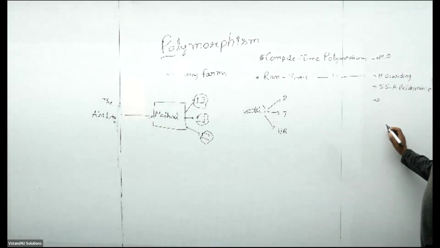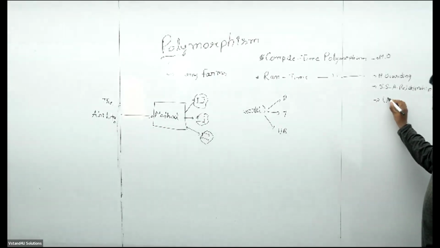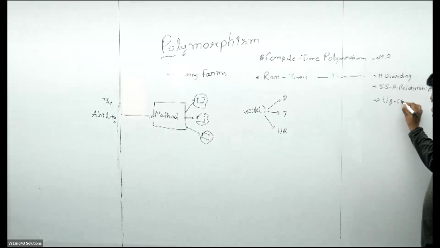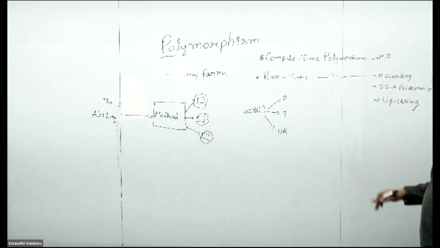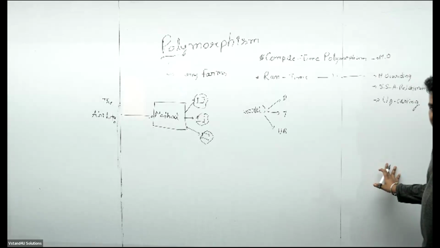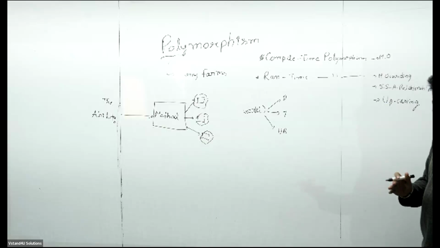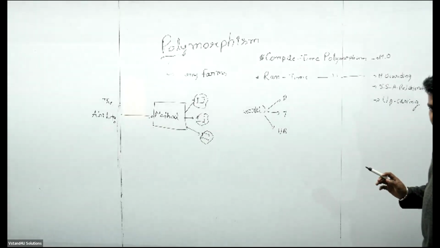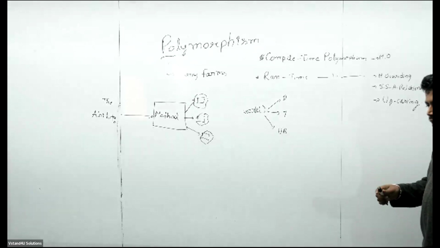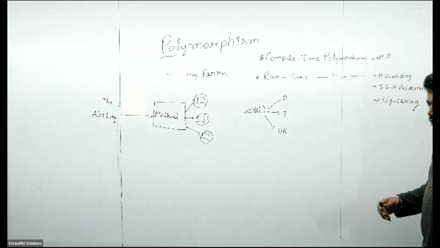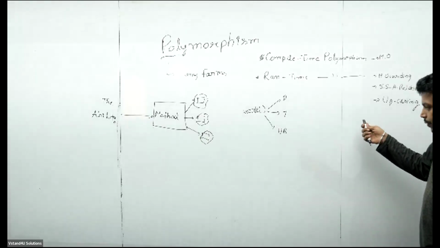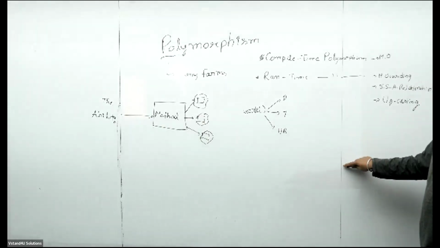Another point is upcasting is mandatory. For that sake only, at the beginning of the class, I told you that from now onwards, in inheritance, every concept will be related. What I teach in the first session will be related to the second session.